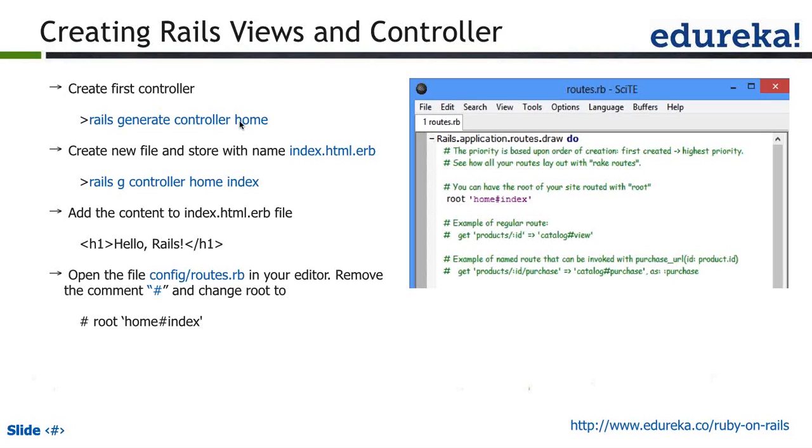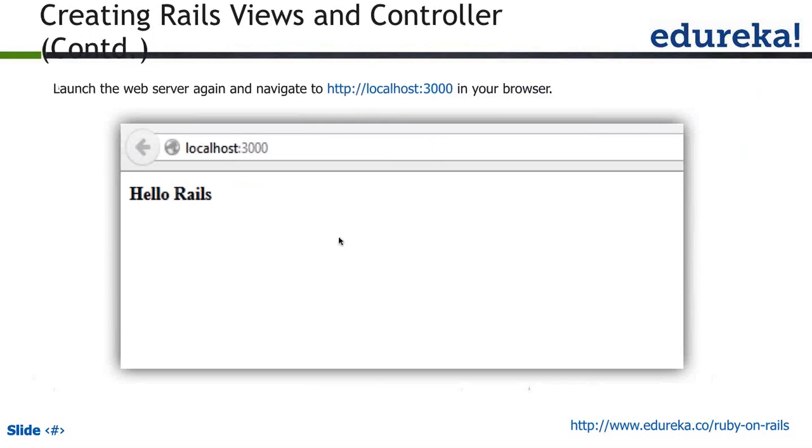Or you can say, okay, rails generate controller home index, and it will create the home controller, the index.html.erb file, right? And the home folder, everything that we did manually.